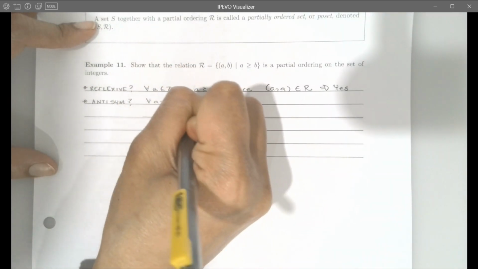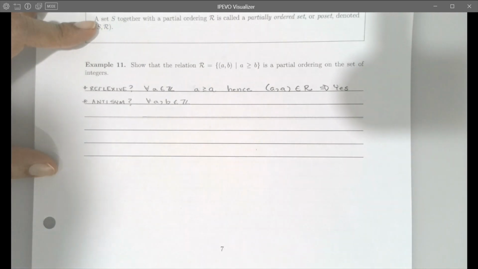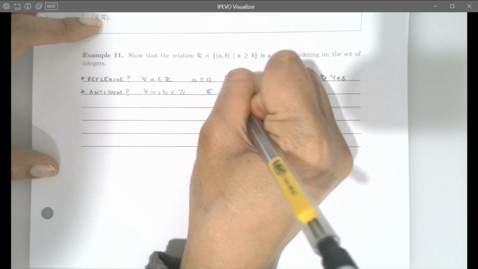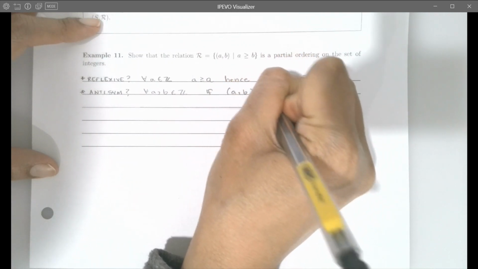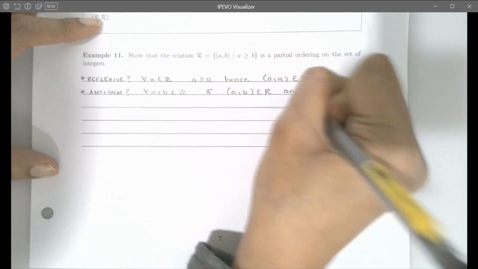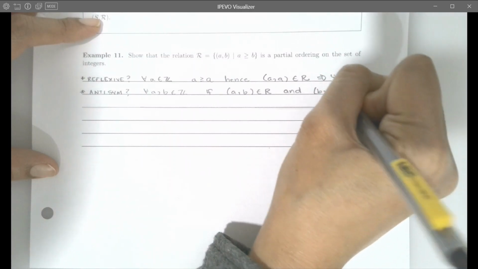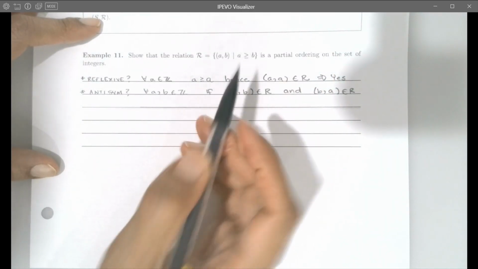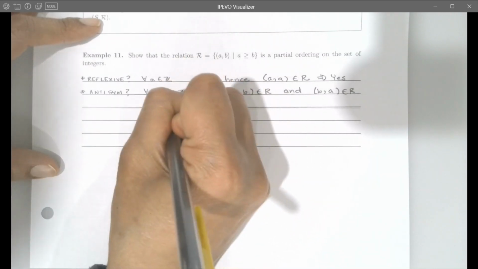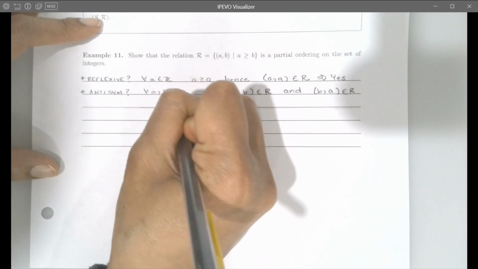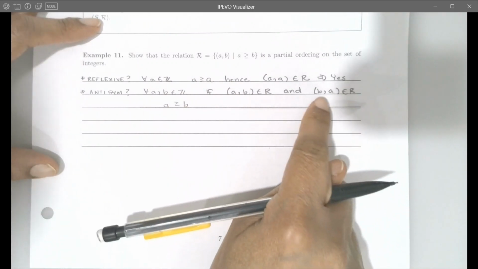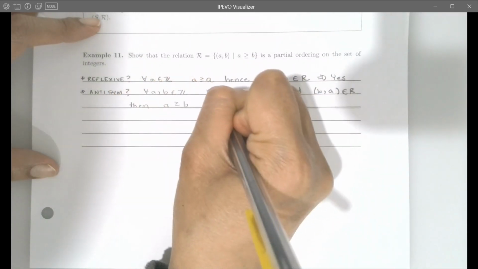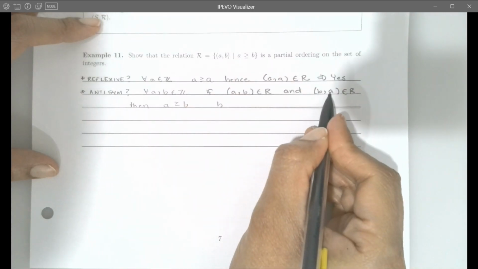So for any two integers a and b, if we have that (a, b) is part of the relation, and (b, a) is part of the relation, then that means that the first ordered pair has to satisfy that a is greater than or equal to b, and the second ordered pair has to satisfy that b is greater than or equal to a.